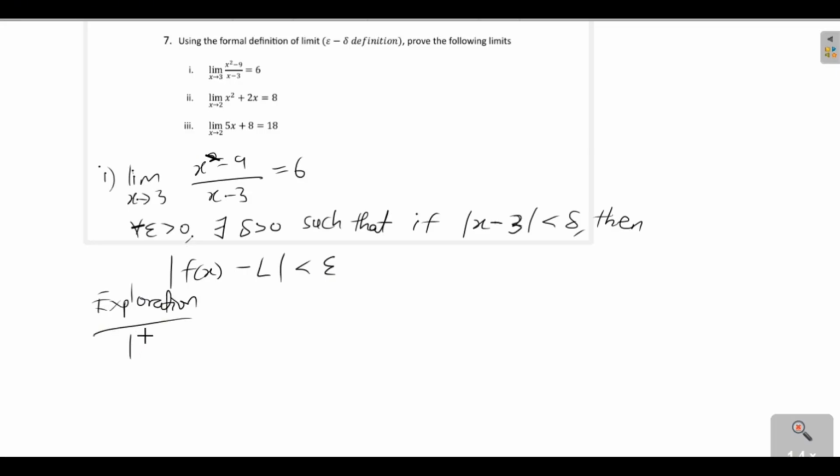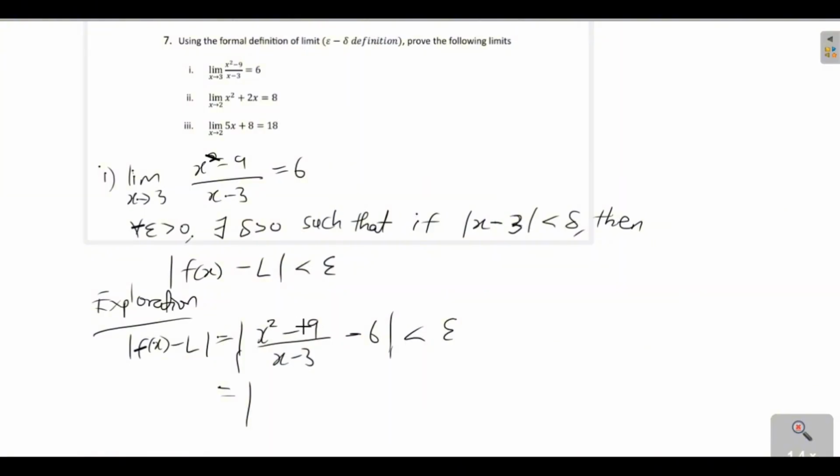And I'm going to start with the absolute value of f of x minus L. Of course, f of x is (x squared minus 9) over (x minus 3), minus the limit L, which is 6. And this should be less than epsilon. Now you agree with me that this numerator, we can use difference of two squares, right?